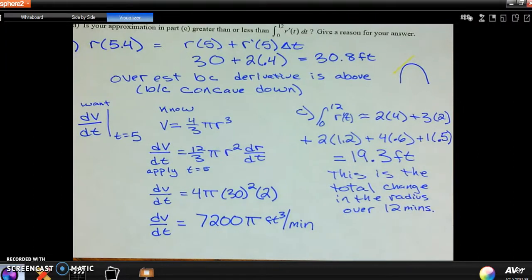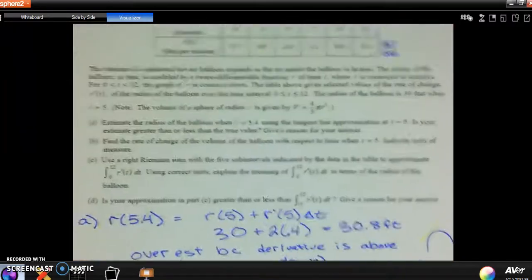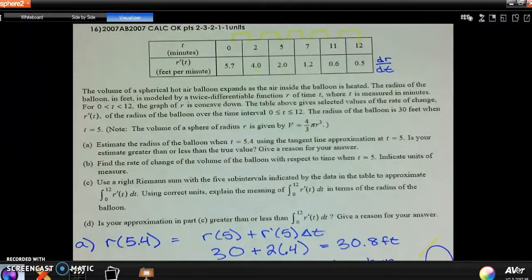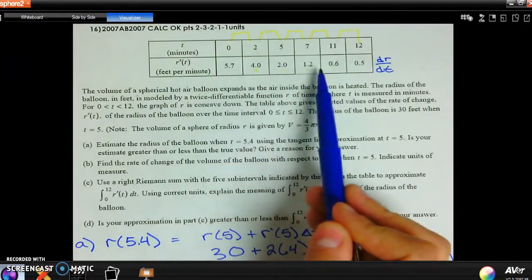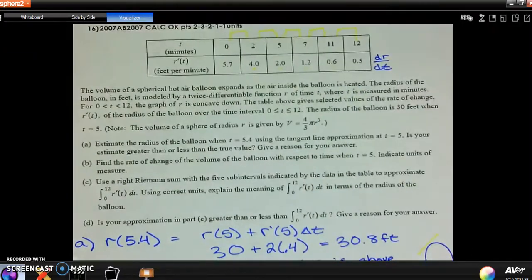For part D, you need to figure out if a right-hand Riemann sum is going to yield an over or under estimate. To do that, you need to know if the original function was increasing or decreasing. How are you going to figure that out? You have to look back at the table. What is happening over time? This radius is decreasing, so it's a decreasing function.